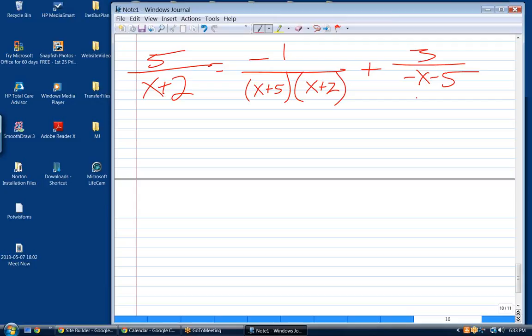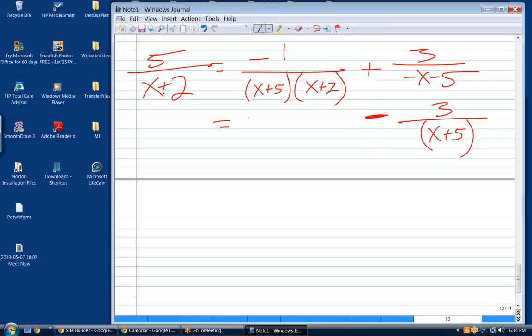Well, I can actually change this term quite easily to make it x plus 5 by putting the minus sign outside the parentheses. I'm doing that. And now I can actually take that minus sign and combine it with the plus sign so that it looks like this.